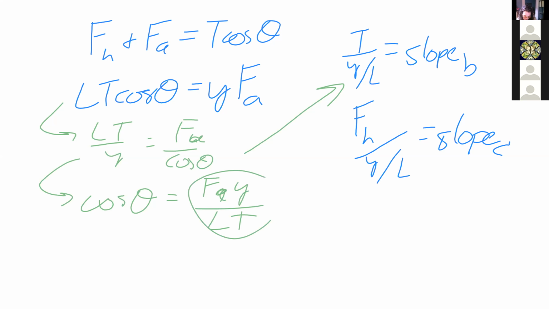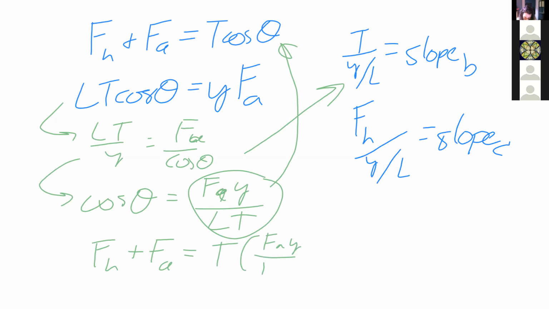And I'm going to go ahead and substitute that into my equation that came from summing the forces in the x direction. So I have f sub h plus f sub a is equal to T times f sub a times y on LT. And my tension will cancel.